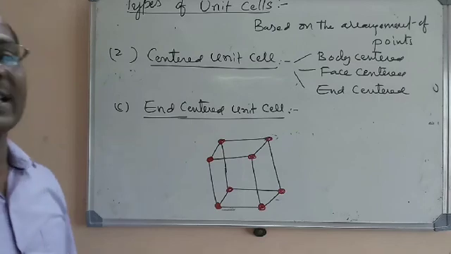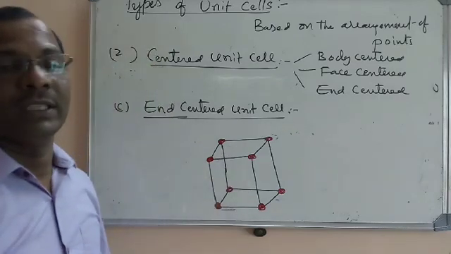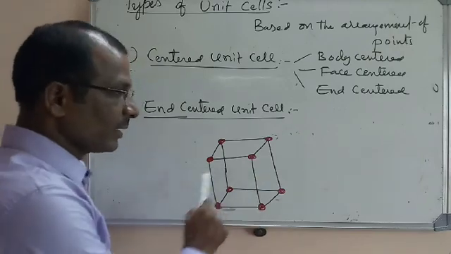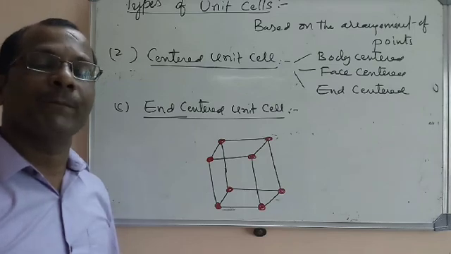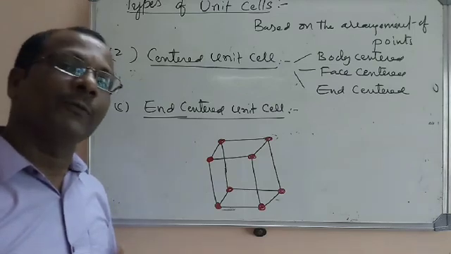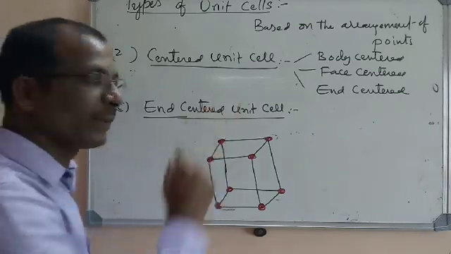Now end-centered means you can choose any 2 opposite faces. Any 2 opposite faces, this one and this one, or this one and this one, or this one and this one. If you keep 2 points at any two opposite faces, then it will become end-centered.